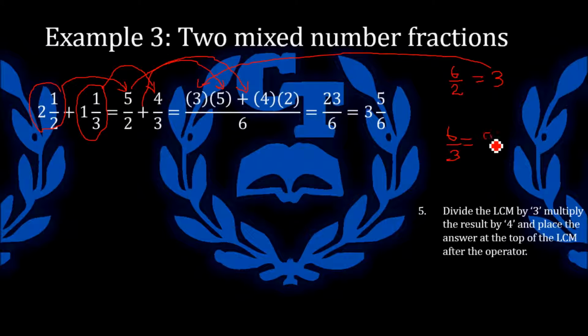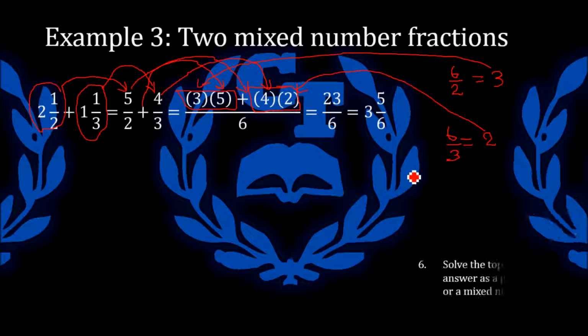And I take that 2 and I place it over here. And then I take the numerator of the second fraction and I multiply it by that 2. Notice 5 by 3 is 15 here, and 4 by 2 is 8. 15 and 8 will result in 23, and I just simply put the 6 underneath.